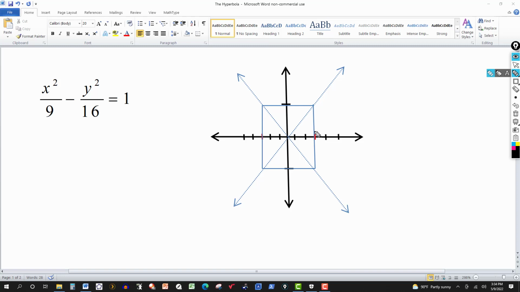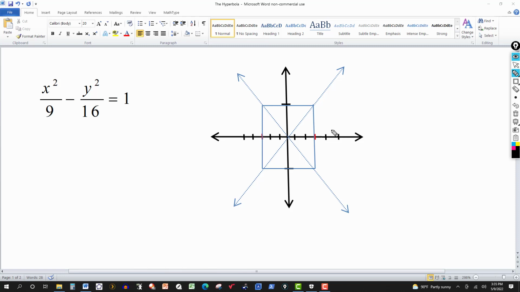And notice down through the vertex on that side and the vertex on this side all the way, and then 4 units down also. It turns out that the asymptotes will pass through the corners of this rectangle. The focus, of course, is going to be over here, 5, 0 there, and negative 5, 0 over here.